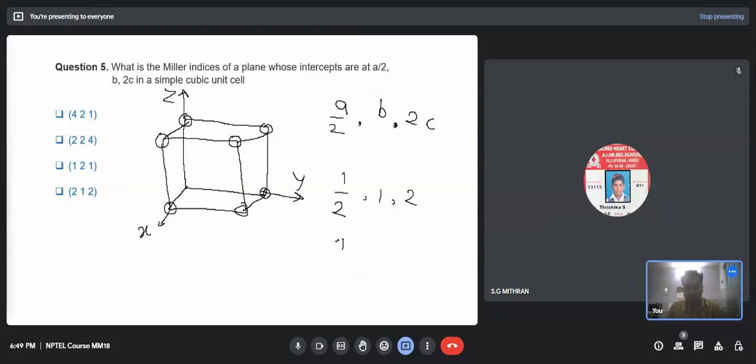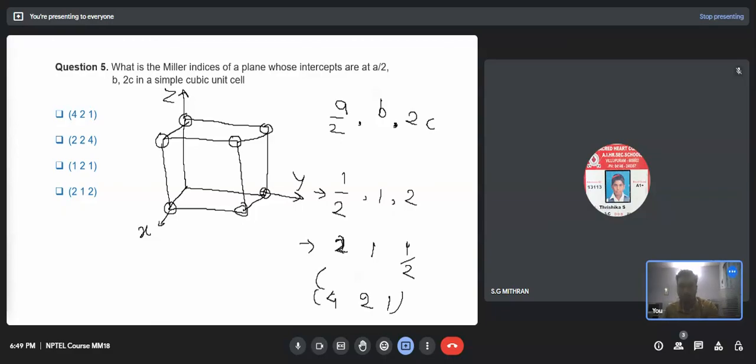So the reciprocals will be 2, 1, and 1 by 2. Now we'll multiply the denominator with the numerator. So this is our Miller indices.